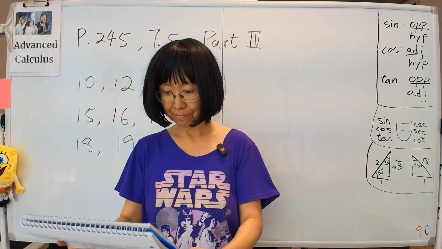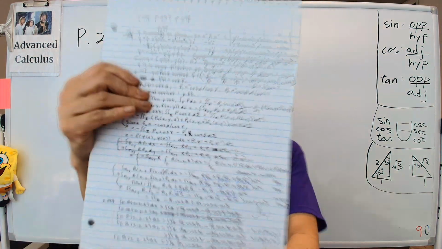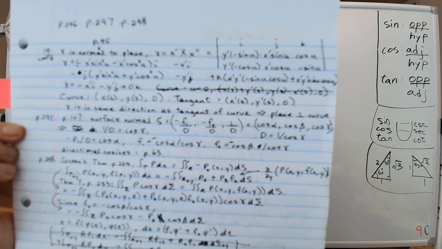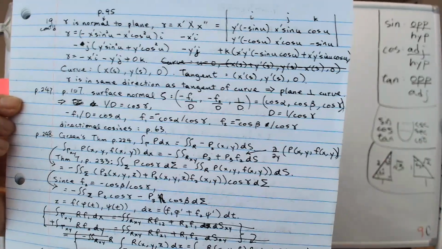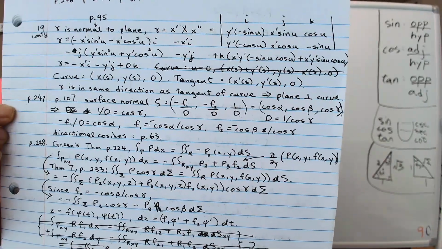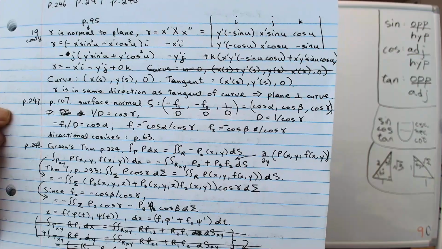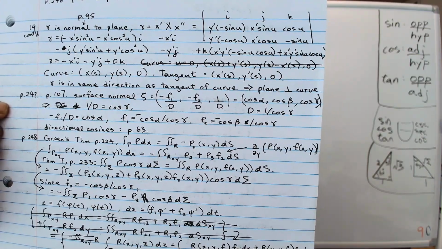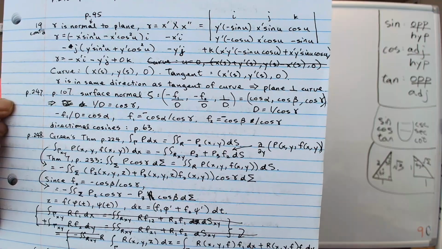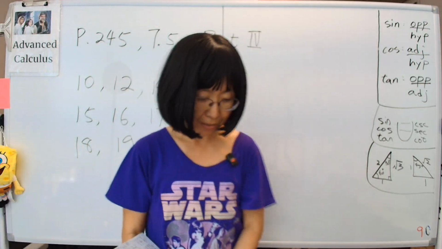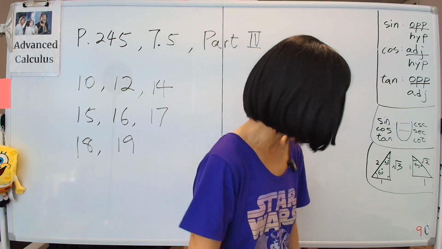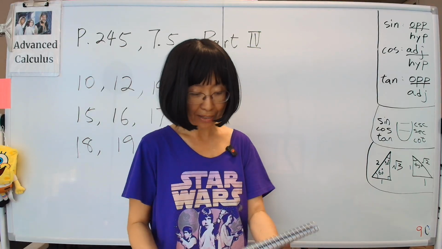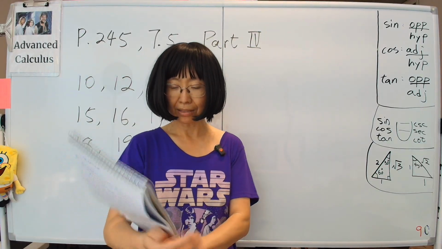Let me show you that again so you can see it better. Is that on page 95? Whatever it is, it's on the page where we looked at the normal to surface vectors. It's probably on page 95. It's good enough.